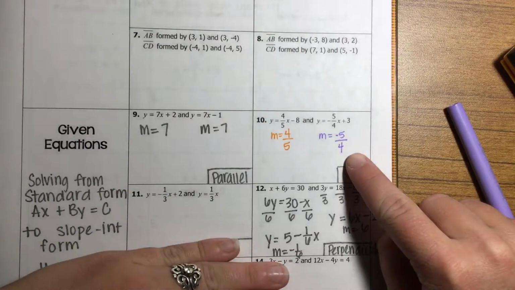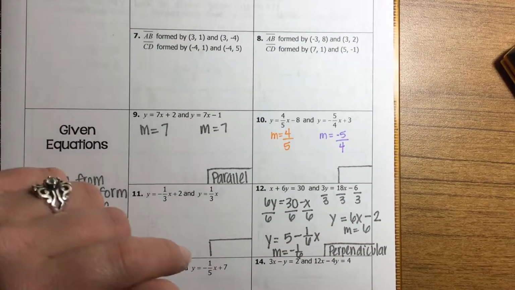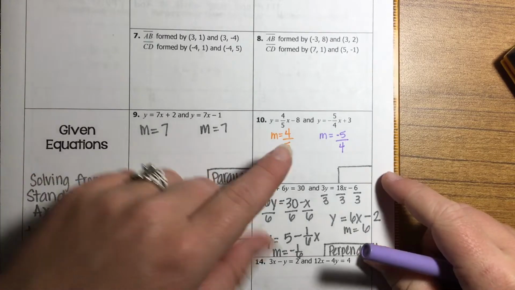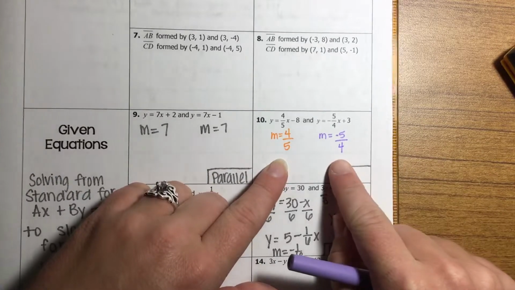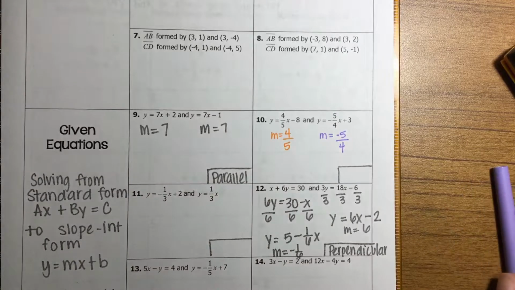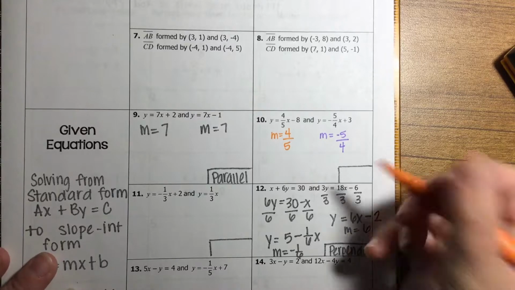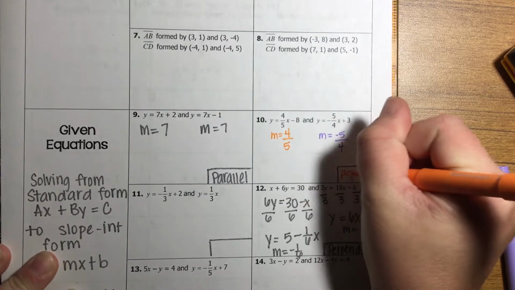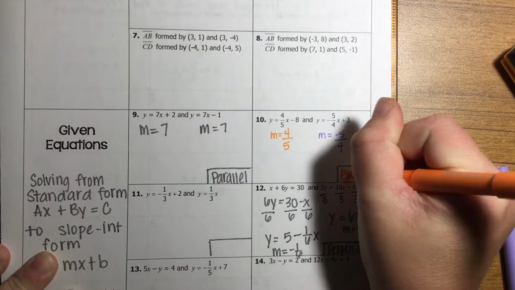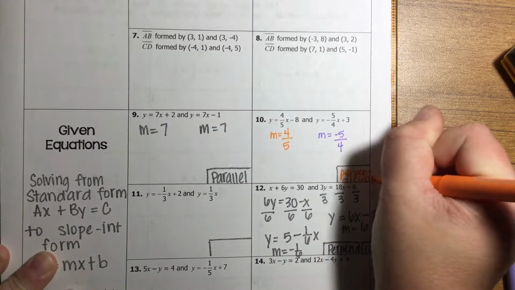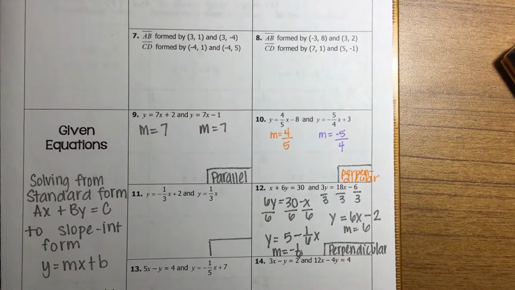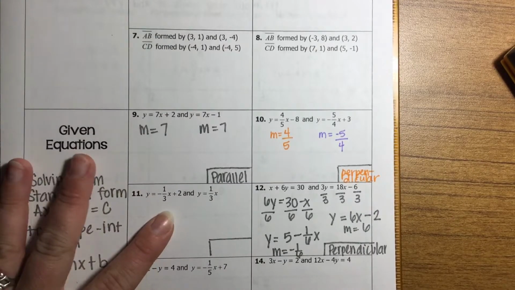Here I have 5/4, so we're good on that. Then the second part of it is the signs have to switch. This is a positive and changes to a negative, okay? So the fraction's flipped and the signs are switched. That means that the answer to this one is going to be perpendicular. Perpendicular there, okay?